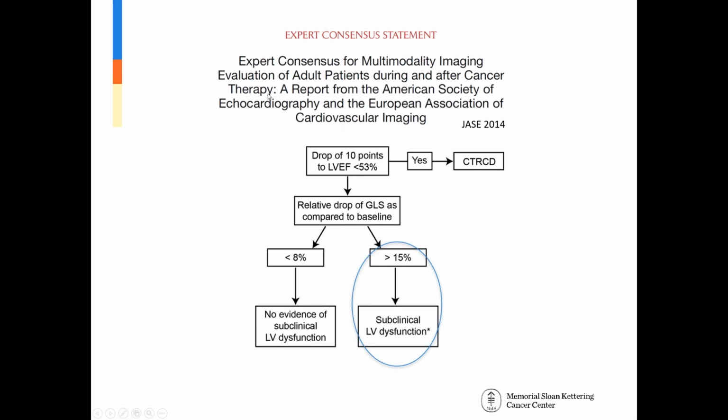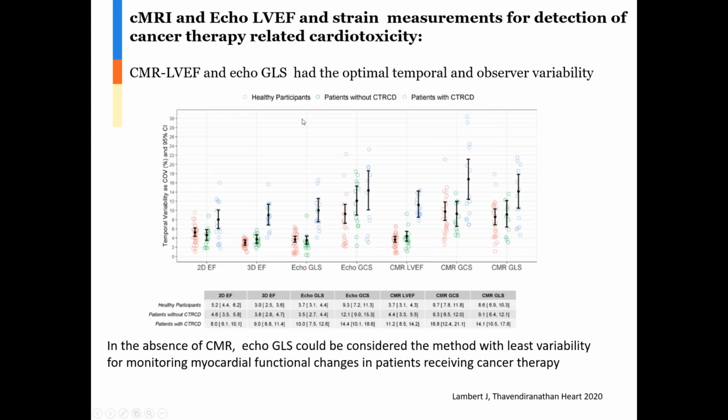And according to the ASE EACVI document, a drop in GLS by 15% or greater is likely clinically significant and indicative of subclinical LV dysfunction.